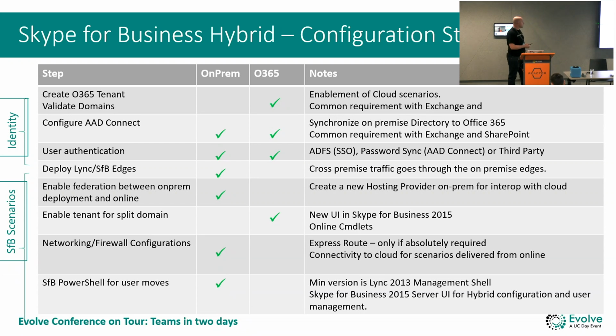It needs to be published correctly to the world. The UI, when we're configuring our Skype for Business servers, needs to be able to reach out and make that hybrid configuration. And we'll need to have Skype for Business PowerShell to use for the migration itself. We'll need to move people manually using PowerShell over from on-premises to online as we move them across. By enabling hybrid, they won't suddenly go into the cloud. We'll move people one by one.